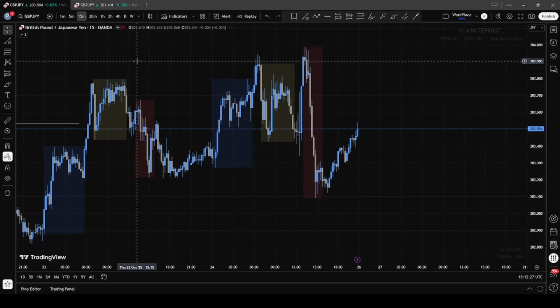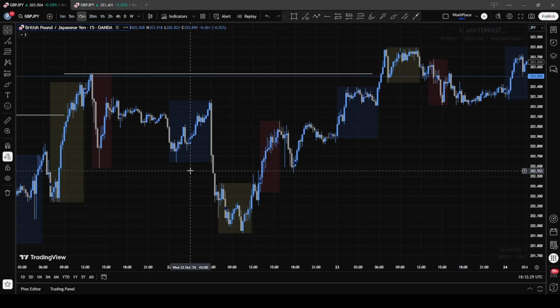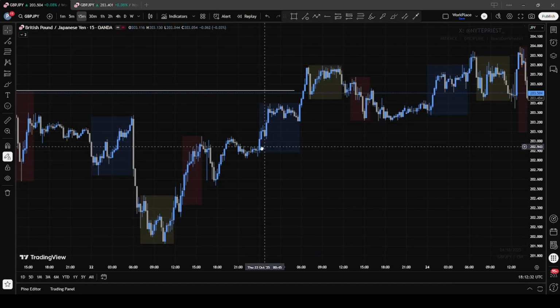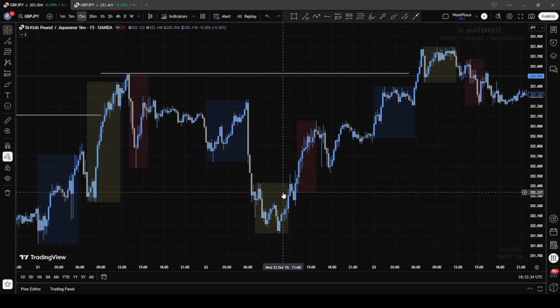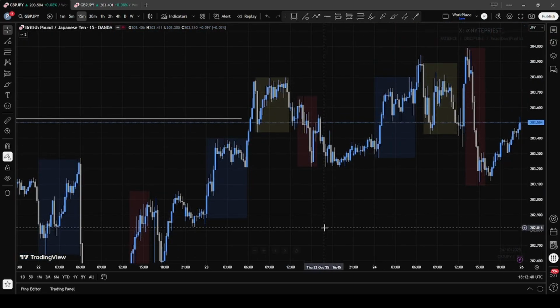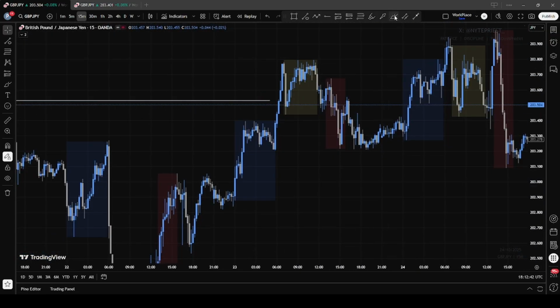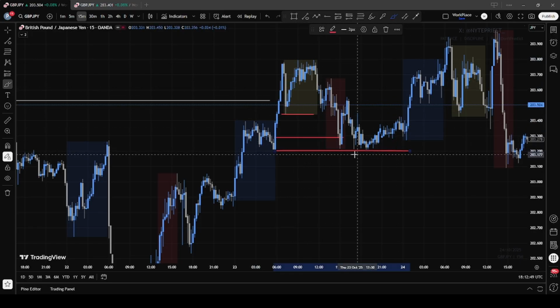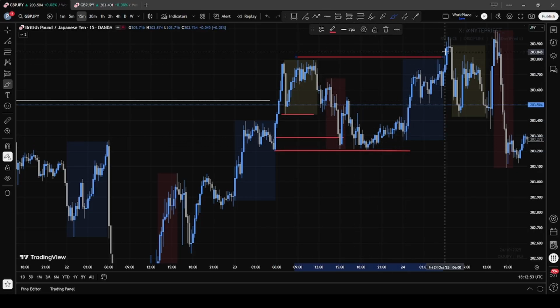So on the 15 minutes time frame, the recent price action, as you can see, price gave an inducement here, mitigated this decisional order block, and then went up to break that high.